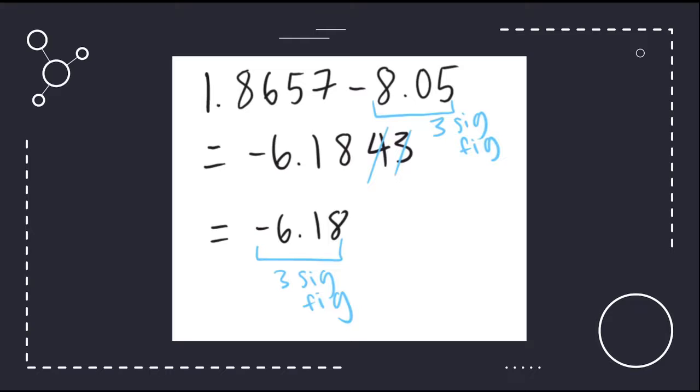Then just subtracting it regularly would equal negative 6.1843. But since we do have to round to the 3 significant figures, the 3 at the end would just cross out, and it would be negative 6.18 as your final answer.